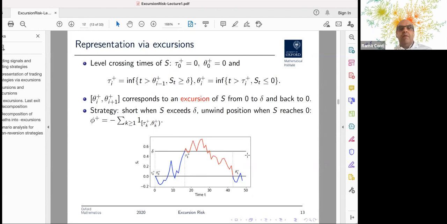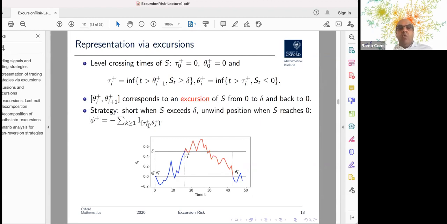So I go from 0 to delta to 0 to delta, and I define this sequence of hitting times. Now, the strategy I described is very simply represented in terms of these hitting times. The portfolio I'm recommending to hold is called phi plus.